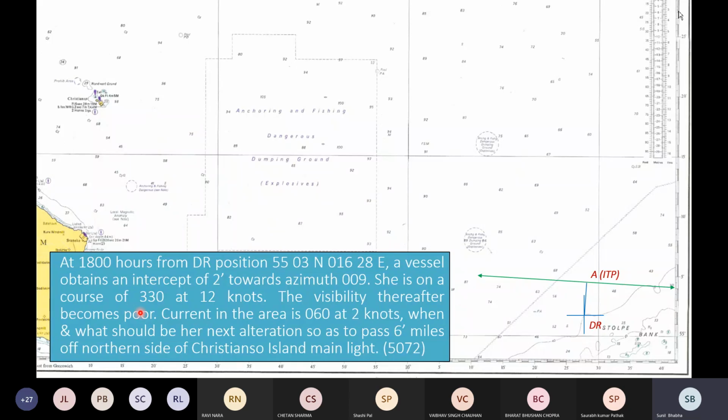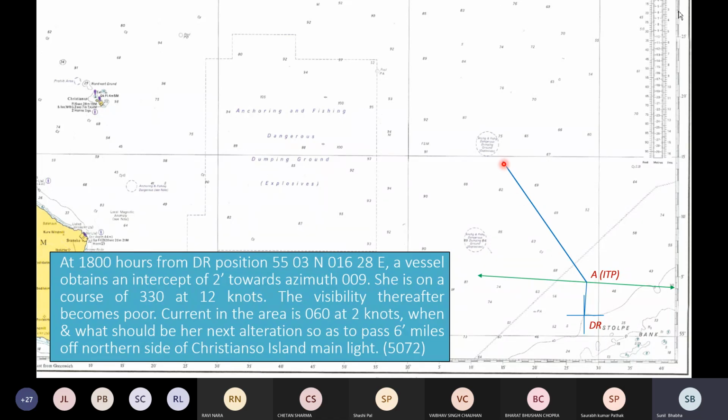Now, going further, we know that the vessel is steering a course of 330 and my engine speed is 12 knots. So let's plot the course steered, the engine speed and the CTS vector. From point A, I draw my CTS in a direction of 330 and we can make a triangle for 1 hour duration. So the length in that case for a speed of 12 knots would be 12 miles.